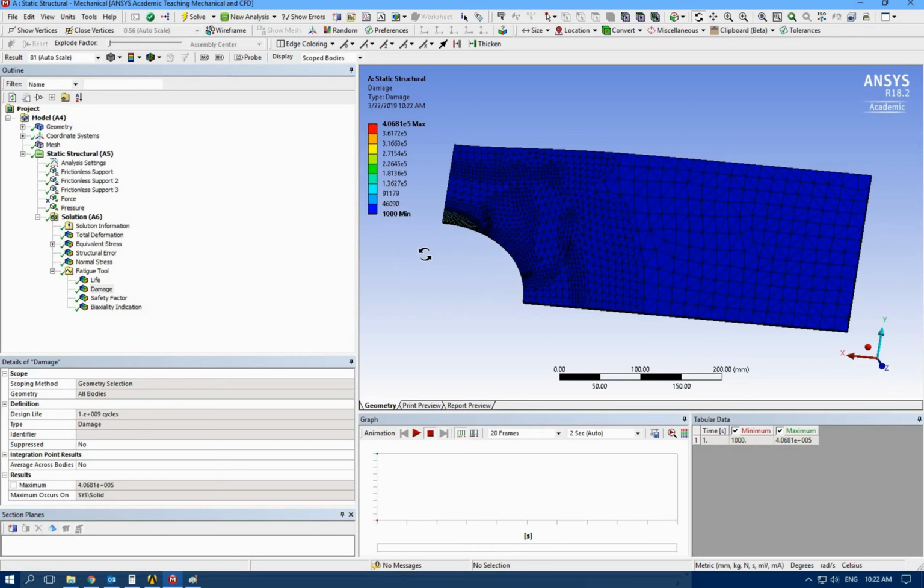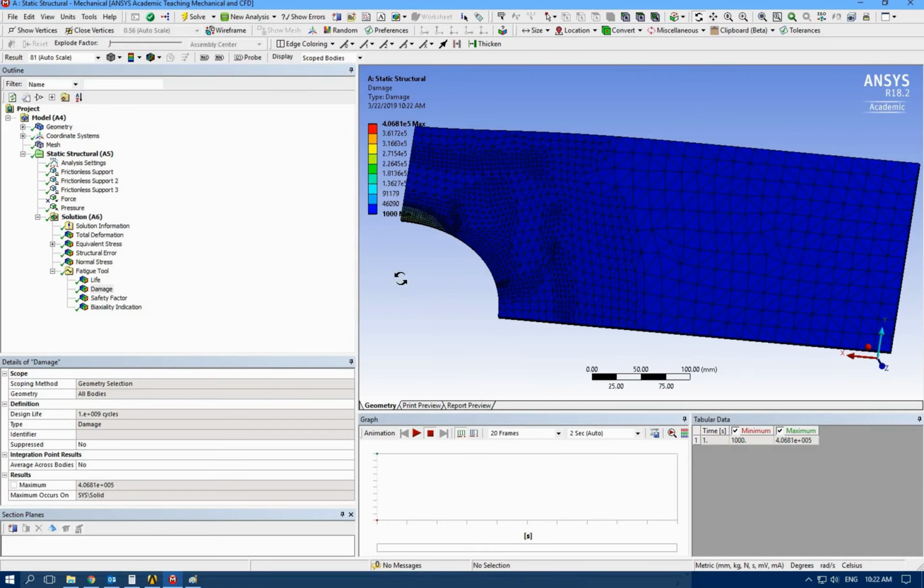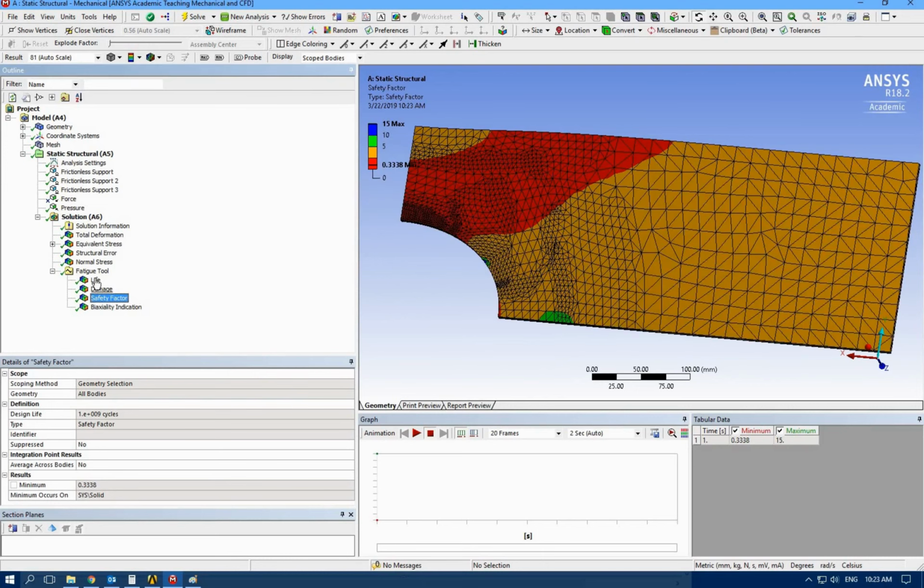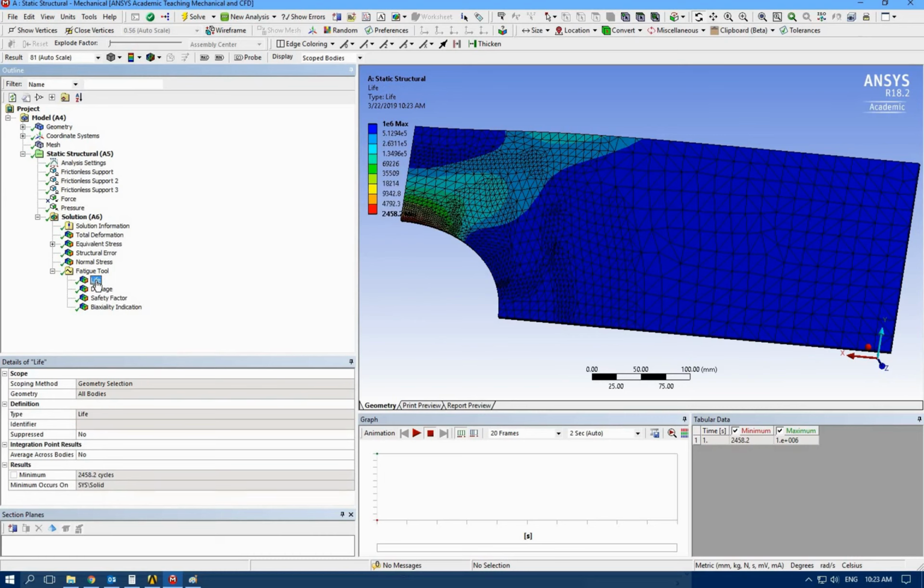For the damage, if the number is close to 1,000, we're not going to have any damage. As that number increases, the possibility of damage increases. It's not bad information about the possibility of damage, but we usually prefer safety factor and life, which are the quantitative numbers we can investigate.